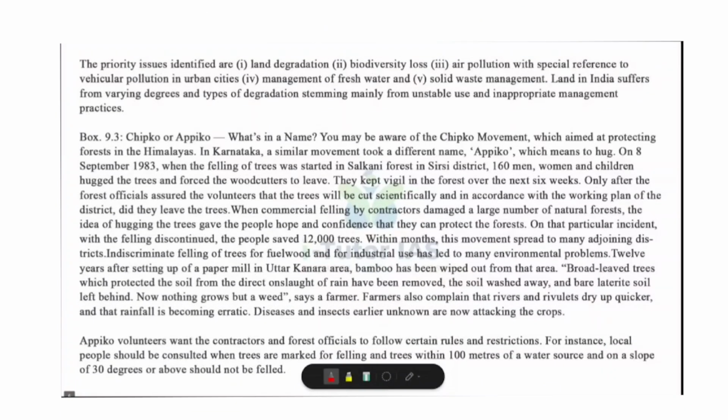Now, while India is rich in natural resources, several priority environmental issues need urgent attention. What are they? Land degradation, biodiversity loss, air pollution with specific reference to vehicular pollution in urban cities, management of fresh water and solid waste management. Let's look at them one by one. First one is land degradation.